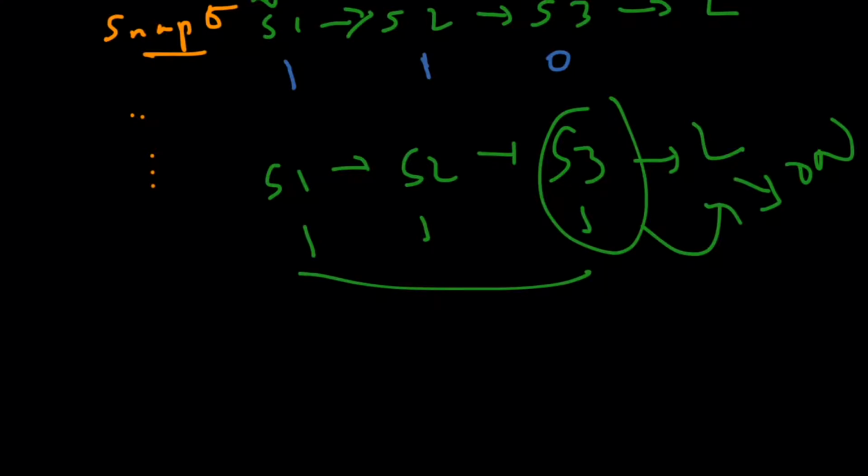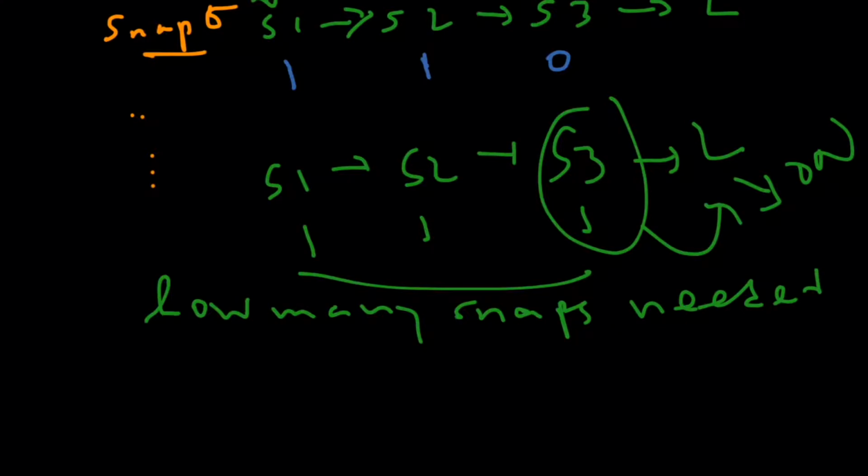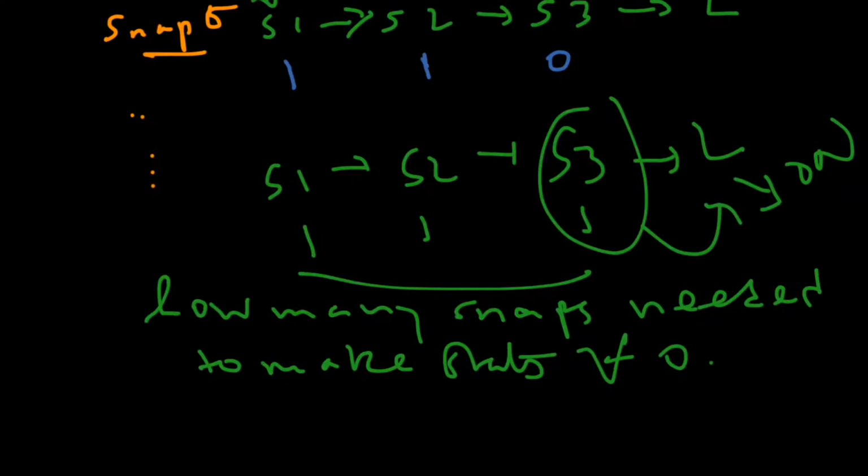So what we are looking for is how many snaps are needed to make the state for all from 0 to 1.